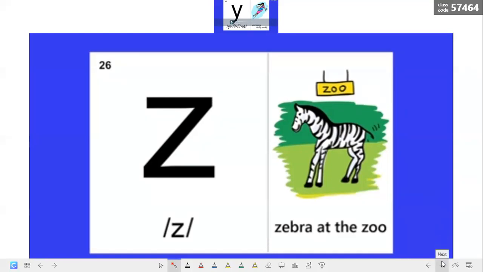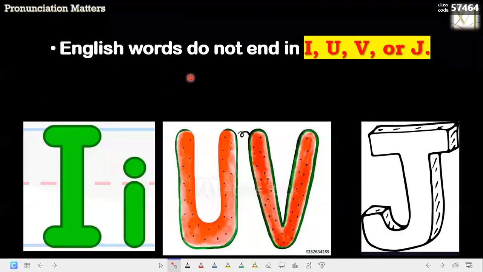This rule says that in English, words do not end in I, U, V, or J. We have 4 letters in English, and we can say 4 sounds in English, that cannot be used at the end.